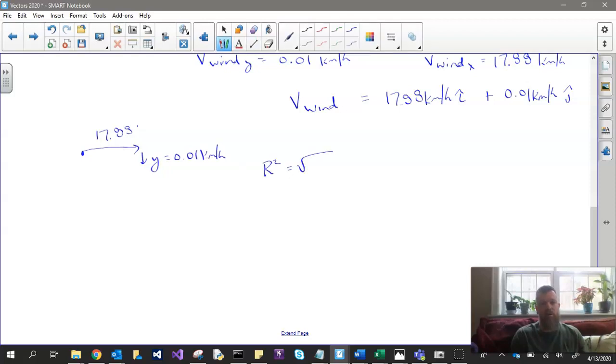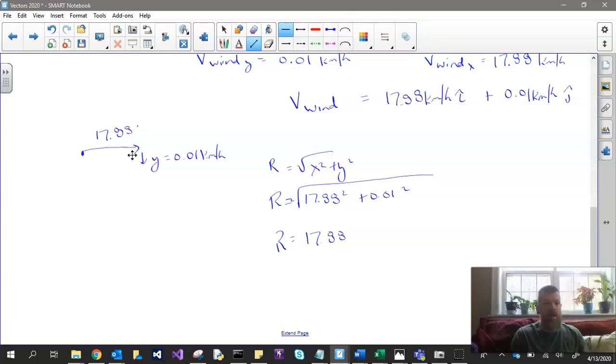R squared equals the x squared value plus the y squared value. So in this case, not the r squared, sorry. It's just the r. I already did the square root part. R is equal to 17.88 squared plus 0.01 squared. Take square root of that. And r is still going to equal 17.88.